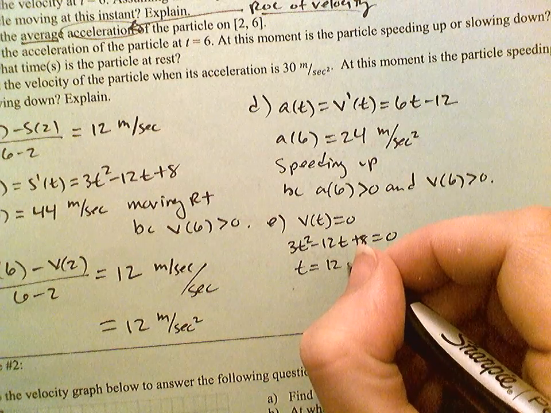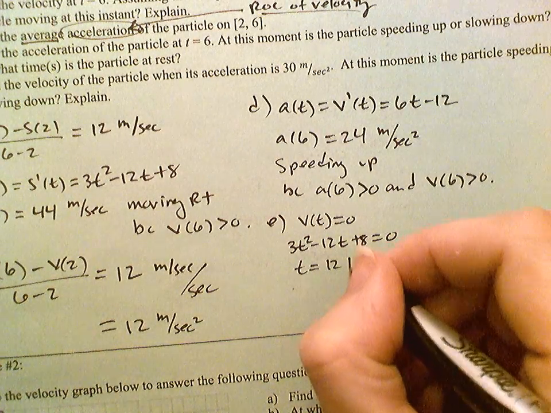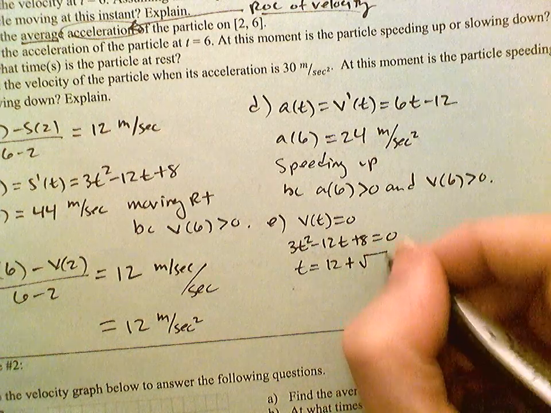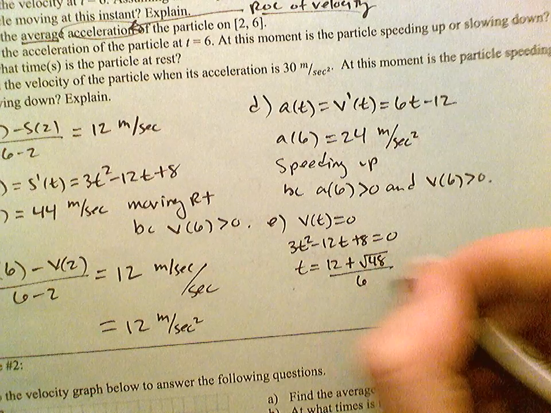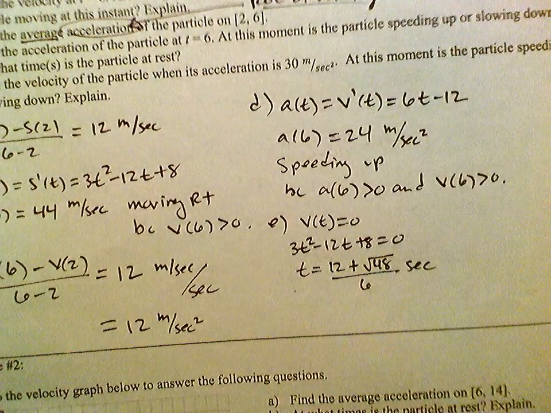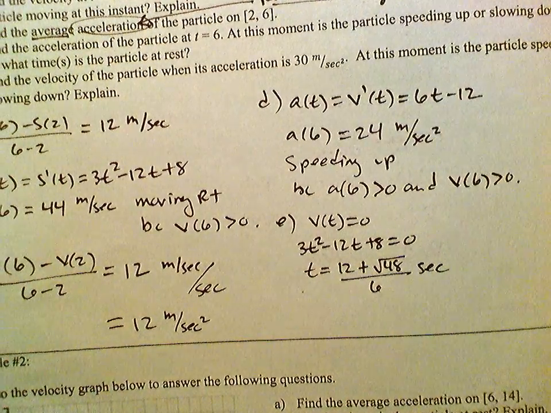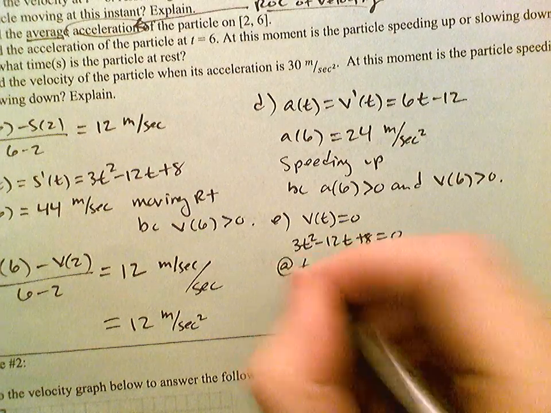It should be plus or minus, but we can't have negative time, so just plus radical 48 over 6 seconds. All right.